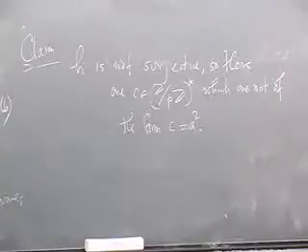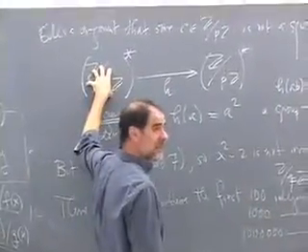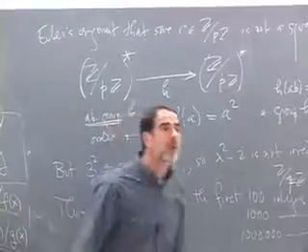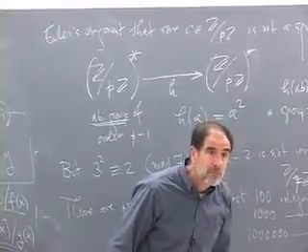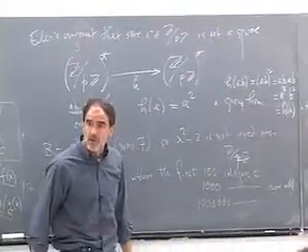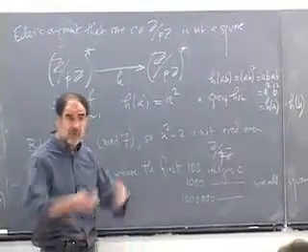Okay? All right. To prove it's not surjective, I'm going to argue as follows. This group has the same order as this group. The image of a group homomorphism, right, is this group modulo the kernel of the homomorphism. So this map will be surjective if and only if the kernel is trivial.